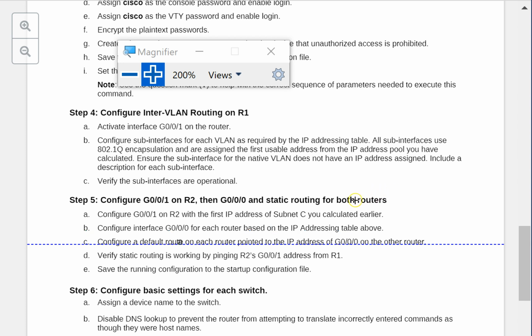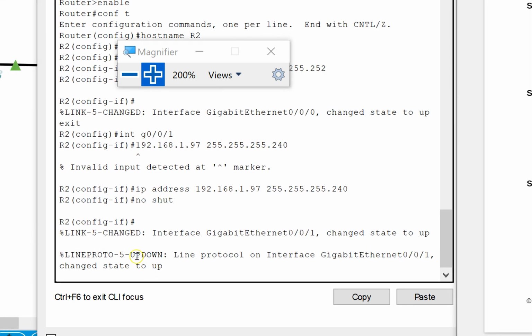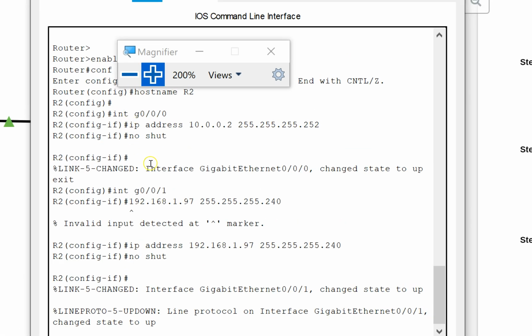It says configure default route on each router pointing to the IP address of the other router. So we'll do that right now on R2. I know that my G0/0/0 on R2 is 10.0.0.2. That means that the other one's going to be 10.0.0.1. How do I know that? Because it's a /30.